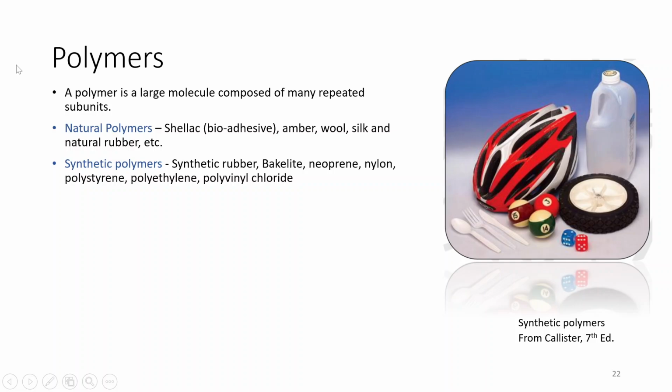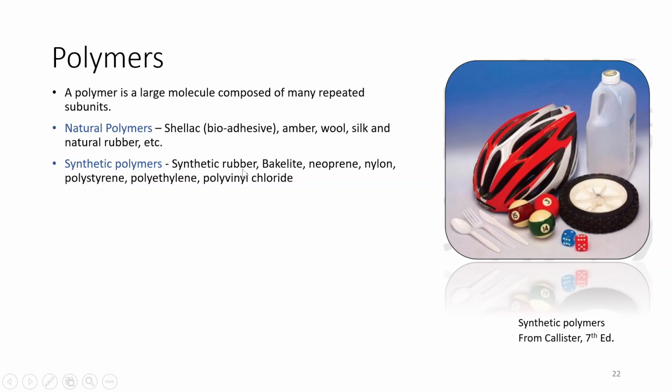Next we have polymers. A polymer is a large molecule composed of many repeated subunits, and first is natural polymers. So here shellac, which is a bioadhesive as well, amber, wool, silk, and natural rubber are some of the natural polymers. Then we have synthetic polymers.